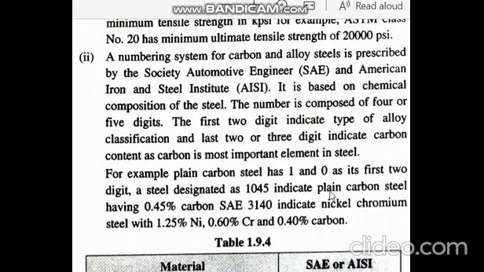This indicates it's a plain carbon steel, and the second two digits give the carbon percentage like 0.45 carbon. SAE 3140 means this is a nickel chromium steel with 0.4% carbon. Okay, actually you will get all these things in data books.